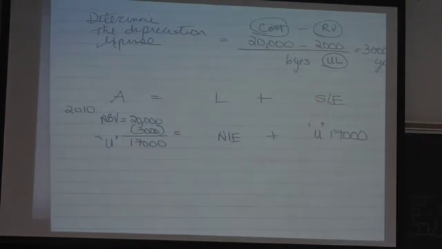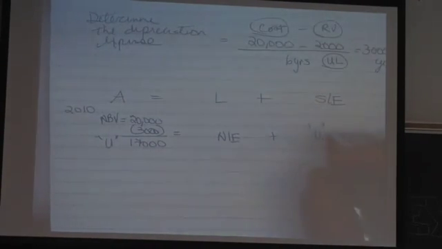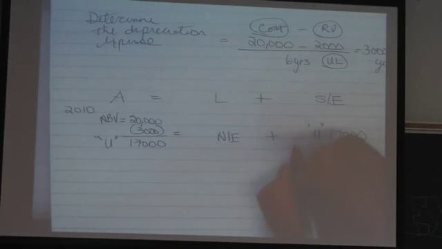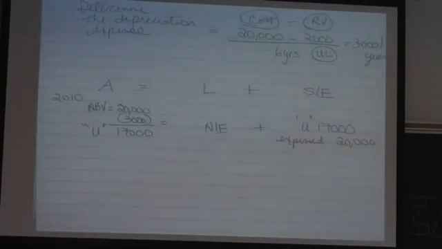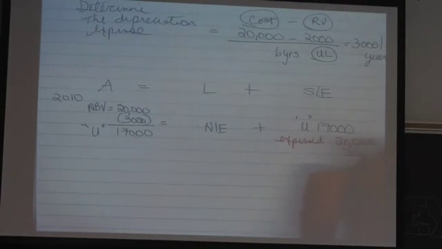Now, what is it made out of? First of all, we know that we expensed $20,000. We should have actually expensed only $3,000.